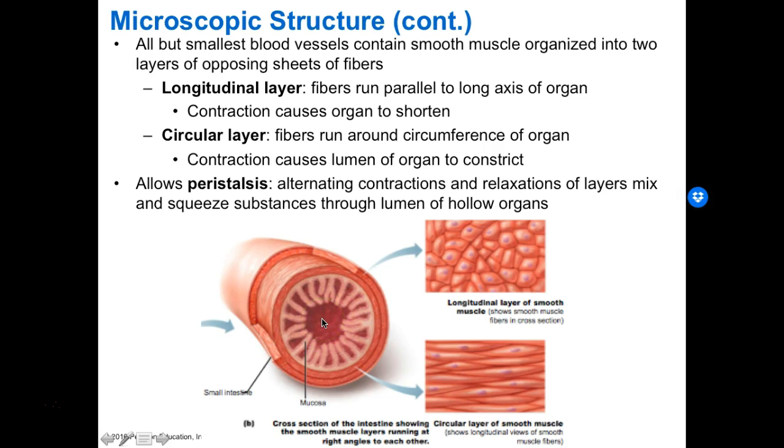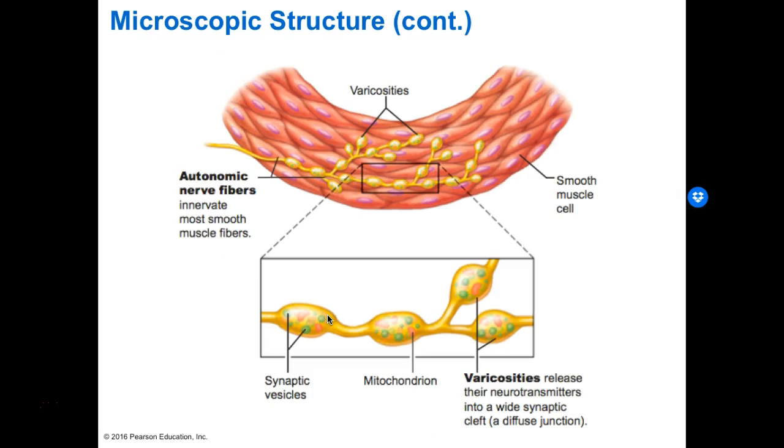So think of your mouth when you are making that kissy face, you're closing off your mouth. That's what it does in the intestines when this circular layer contracts, and this is called peristalsis. It alternates these circular contractions throughout the intestines in order to move the food along.